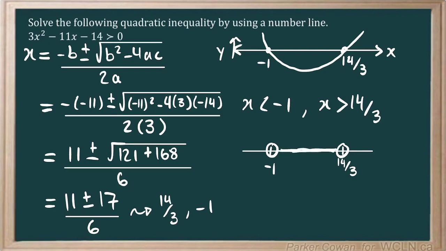And we will draw our solid line. Oops, actually, sorry. That's obviously not going to be there. Our solid line is going to be on the outsides, because we are going to negative and positive infinity. Okay, so that's going to be the solution for this one.